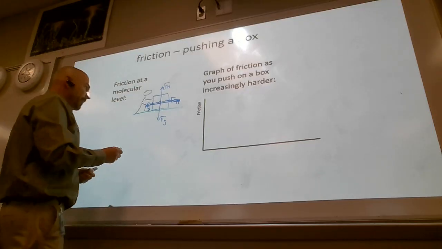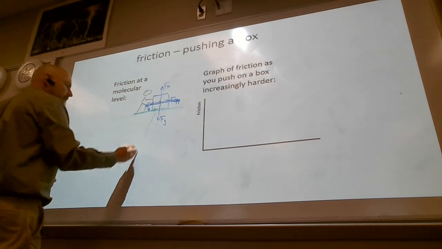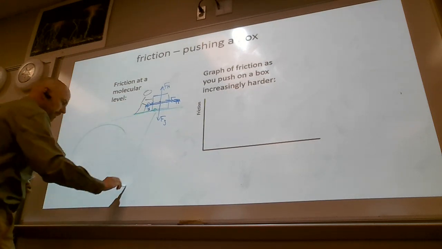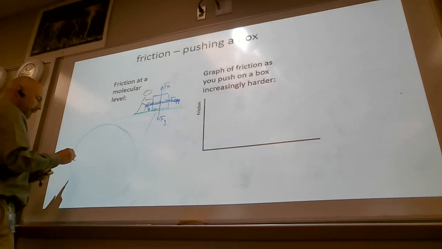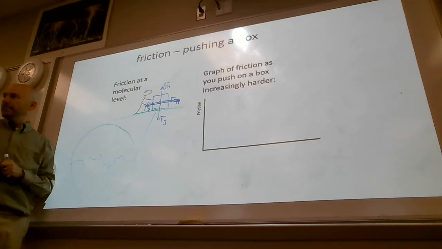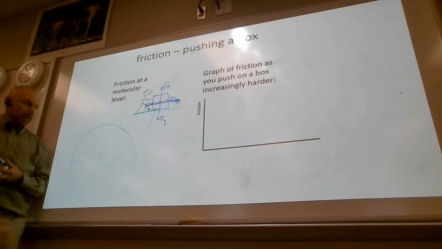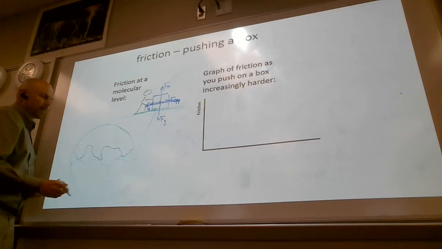So at a microscopic level, here's what's going on. If we zoom in, we're going to do like a Google Earth, but microscopically. This is the surface of the floor. This is the surface of the box.